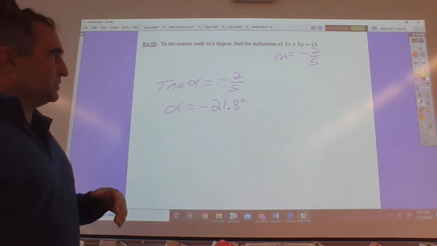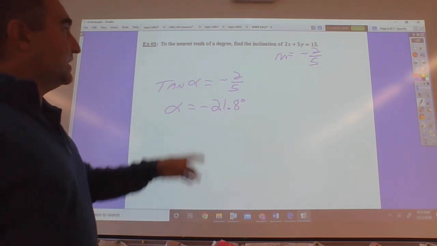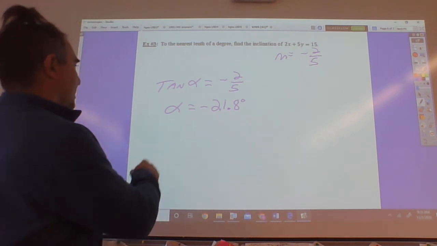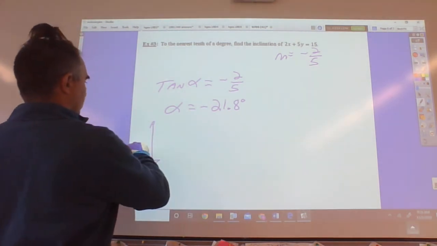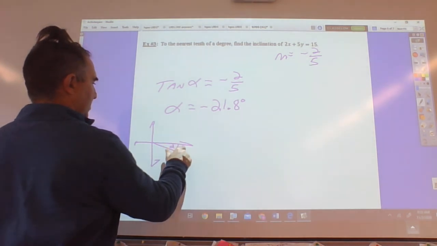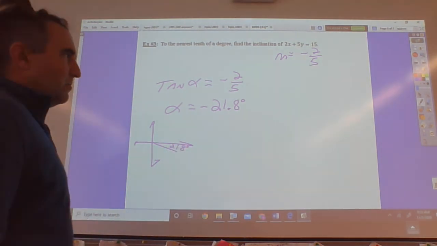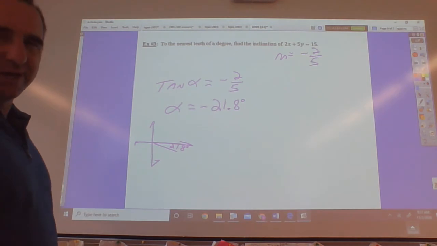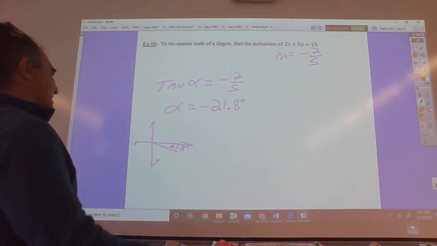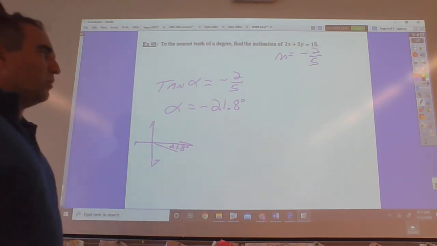If we do an inverse sine of negative, it's going to give us a negative as well. So you now have to go into your knowledge and say, okay, negative 21.8, what does that mean? That means fourth quadrant down here. Okay, great. But that also means the reference angle is 21.8. So where is tangent negative?